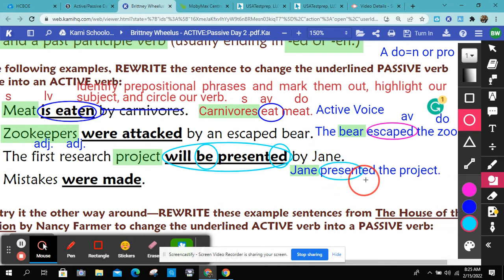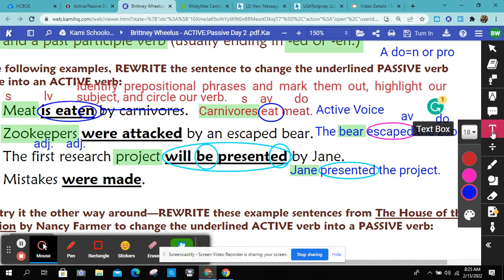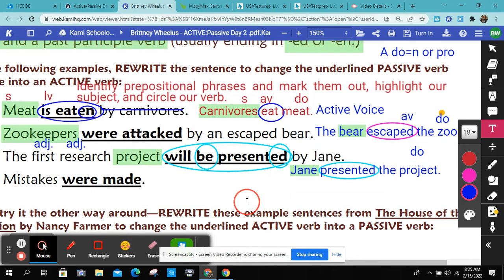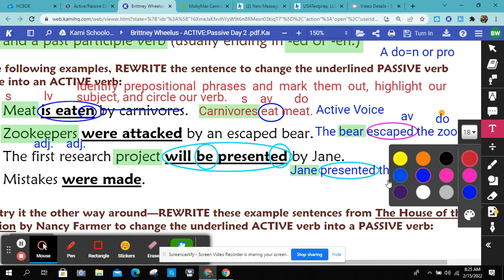Okay, so I'm going to circle this. Jane presented who or Jane presented what? Project. So what is the word project? What does it function as? A direct object. And again, a direct object will always be what part of speech? A noun or a pronoun. Jane presented the project is written in the active voice or in the passive voice? Active. Good.